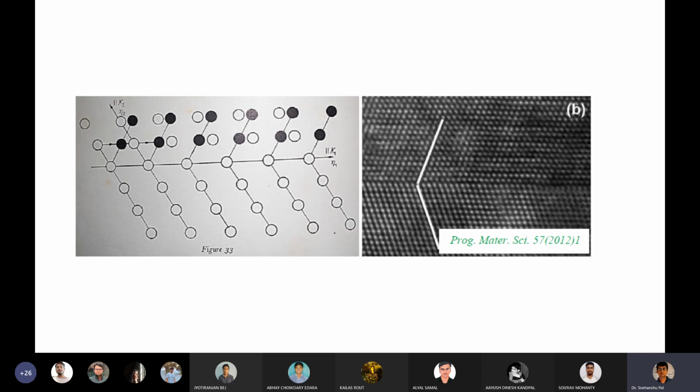Therefore, the theoretical stress for twinning is really very high because that is in the absence of dislocations which may assist twinning. In case of twinning, atoms move by less than one atomic spacing.